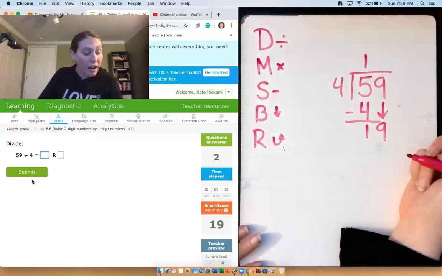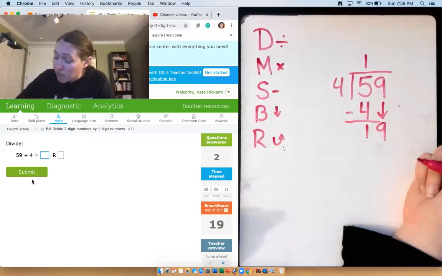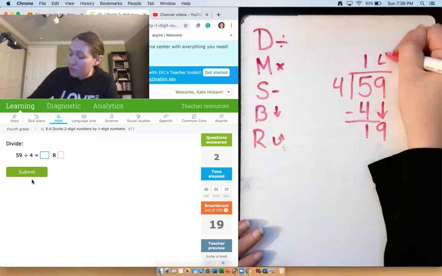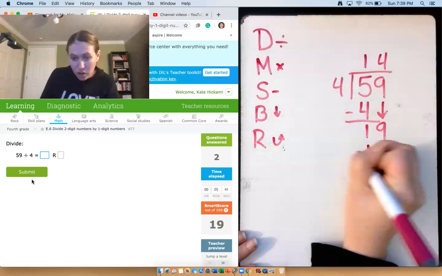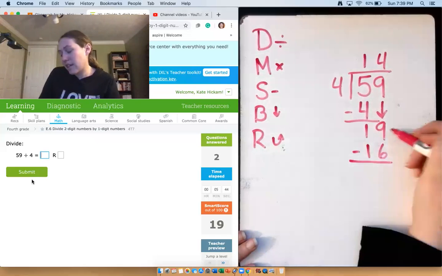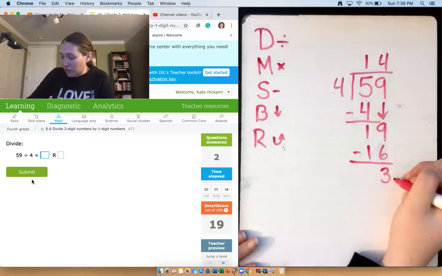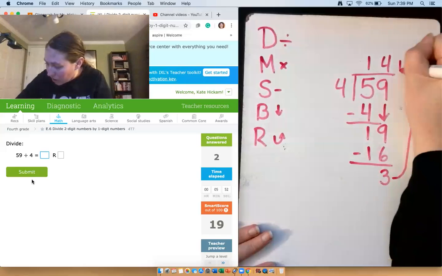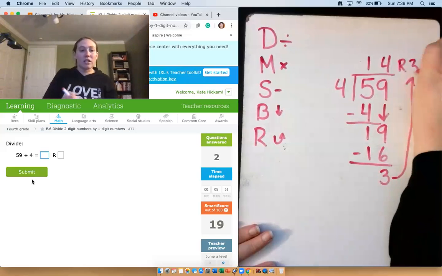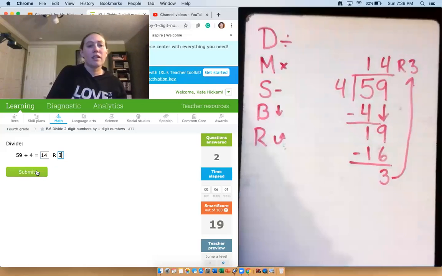How many times? It doesn't go in evenly, but it goes into 16. So 4 times 4 equals 16. I subtract. 19 take away 16 is 3. Since this isn't a 0, I know it comes up as my remainder 3. So this time my answer is 14. I move to the other box, remainder 3, and hit submit.